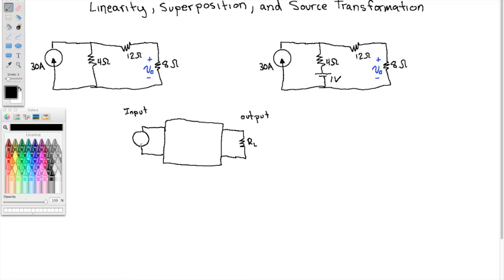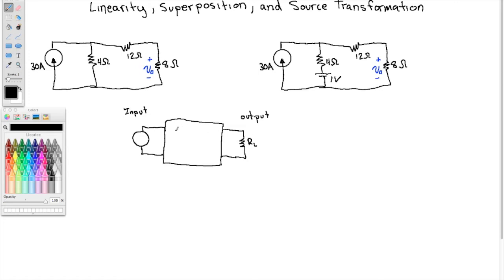This could be the power line that gets delivered to your house, and then you have the house circuitry here, and then the output would be, hopefully, 120 volts at 60 hertz, and so you plug in maybe a toaster or some sort of appliance, and that's the output.